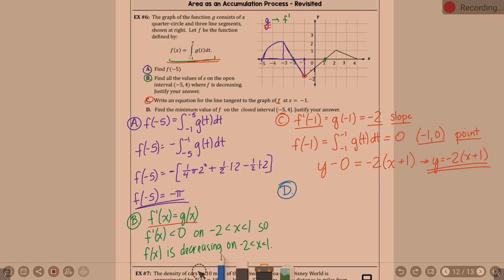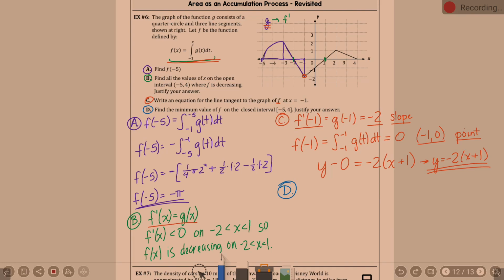Okay, D. Find the minimum value of f on the closed interval -5 to 4 and justify your answer. Plug in your zeros and endpoints.